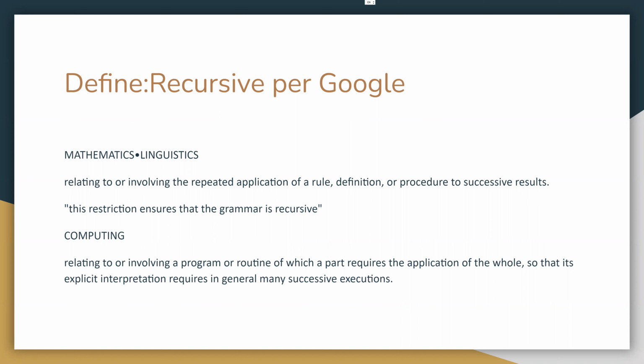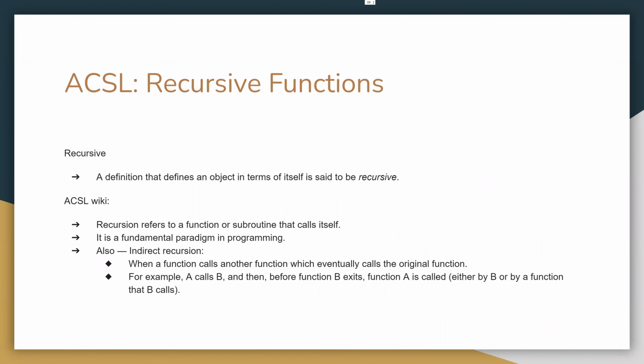In computing, it's a program or routine or function, what we're talking about here, of which a part requires the application of the whole or part, so that its explicit interpretation requires in general many successive executions. So there's a self-referencing part in there.